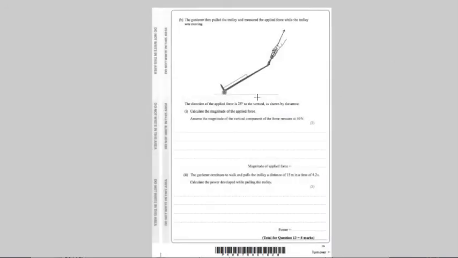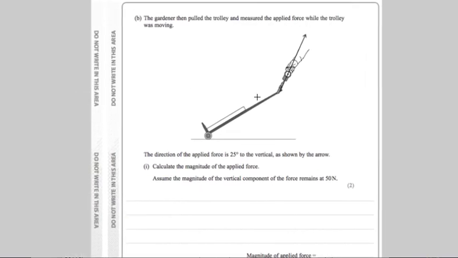Next part. The gardener pulled the trolley and measured the applied force while the trolley was moving. The direction of the applied force is 25 degrees to the vertical, as shown by the arrow. So let's just add the angle on explicitly, 25 degrees. Calculate the magnitude of the applied force. Assume that the vertical component of the force remains 50 newtons.